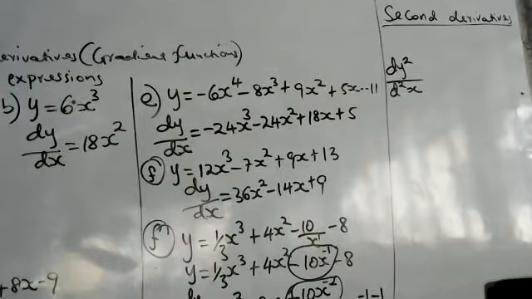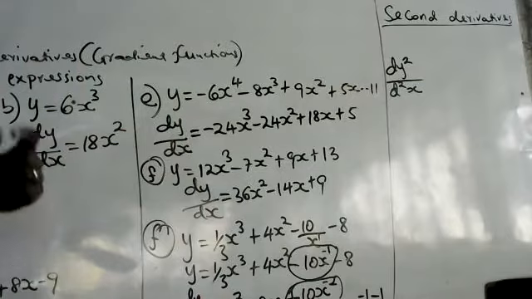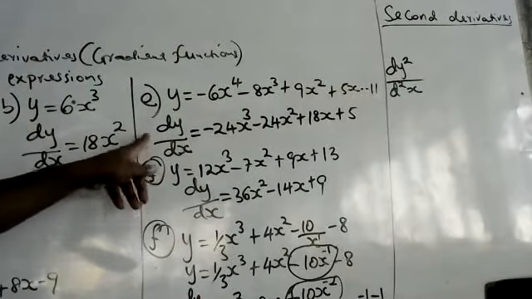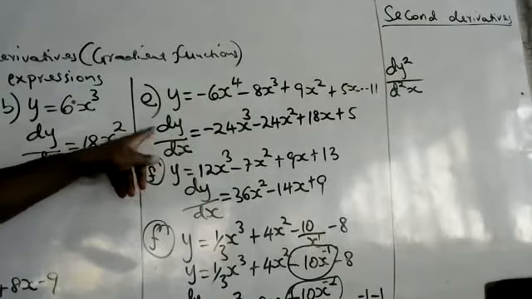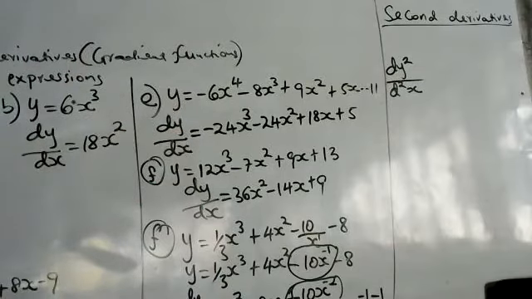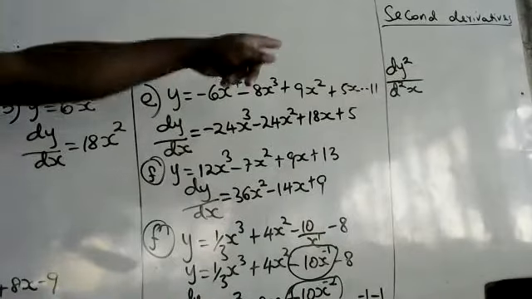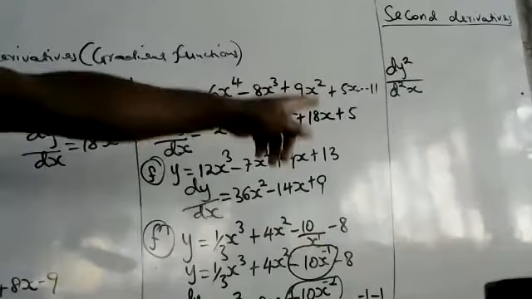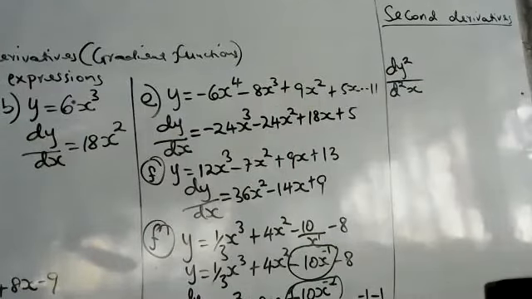So a second derivative is obtained when we differentiate a function twice. We differentiate the first time and get dy over dx. The dy over dx that we get, we differentiate again to get the second derivative, which is d squared y over dx squared.